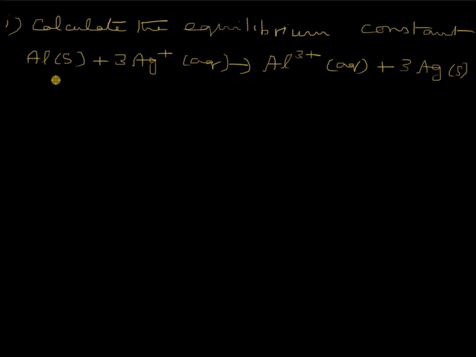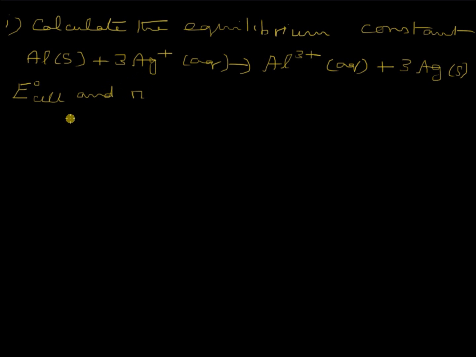To calculate equilibrium constant, you need two values, E naught cell and the value of n. E naught cell can be calculated if you know the electrode potentials of the cathode and the anode. Which is cathode here? Cathode is silver because that is the one which is gaining the electrons.